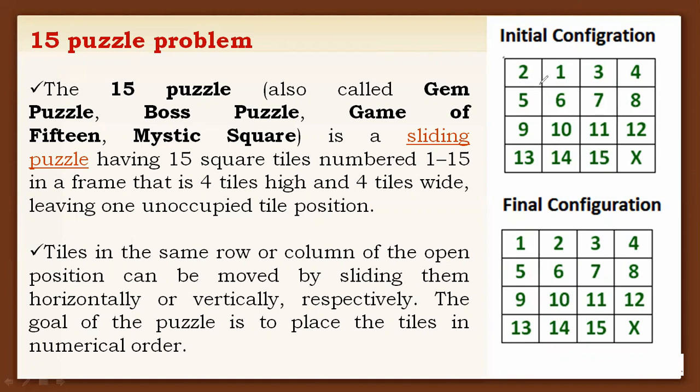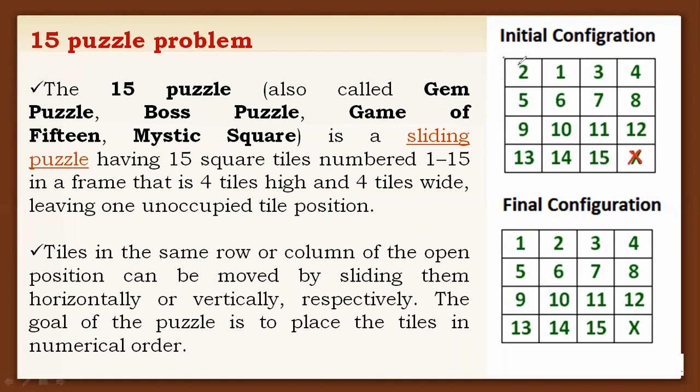Each square is considered as a tile, and there are 16 squares available. Among those 16 squares, one square is to be blank. Here I have marked it in red. This is considered as the blank, empty square. So among 16, one square is to be blank.